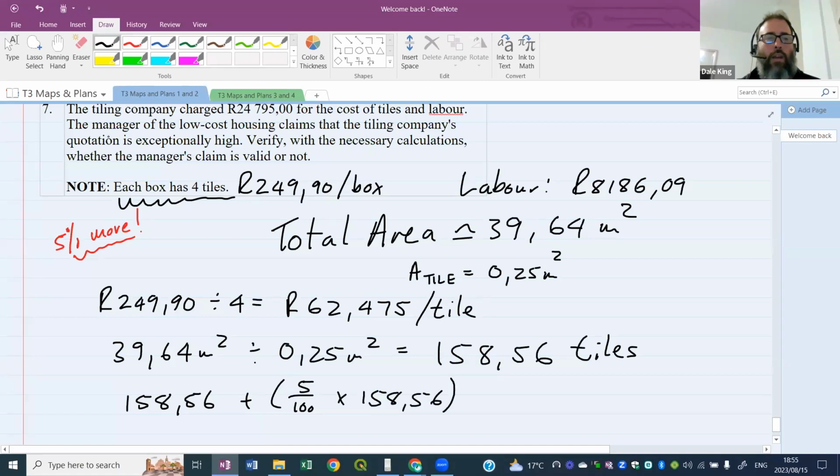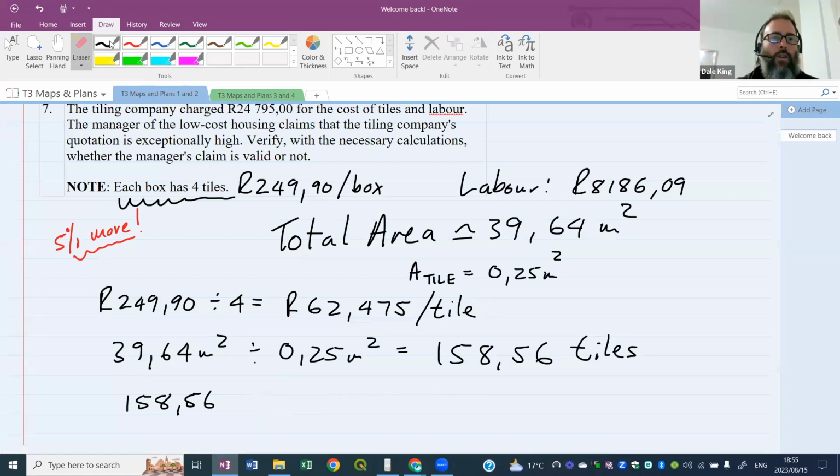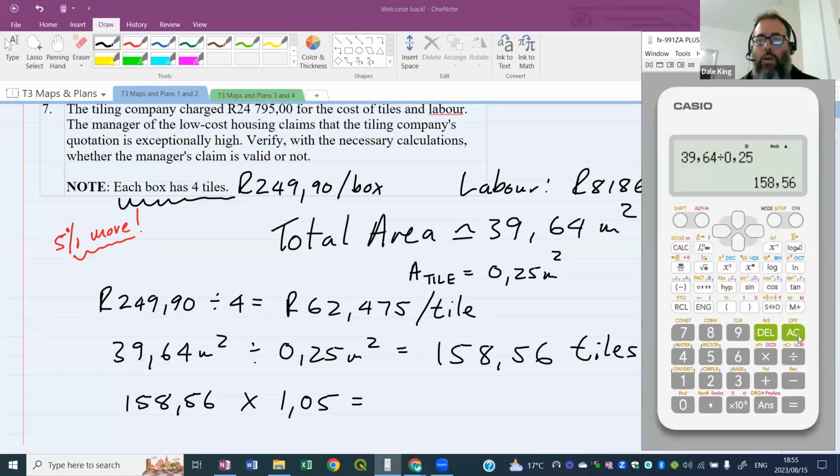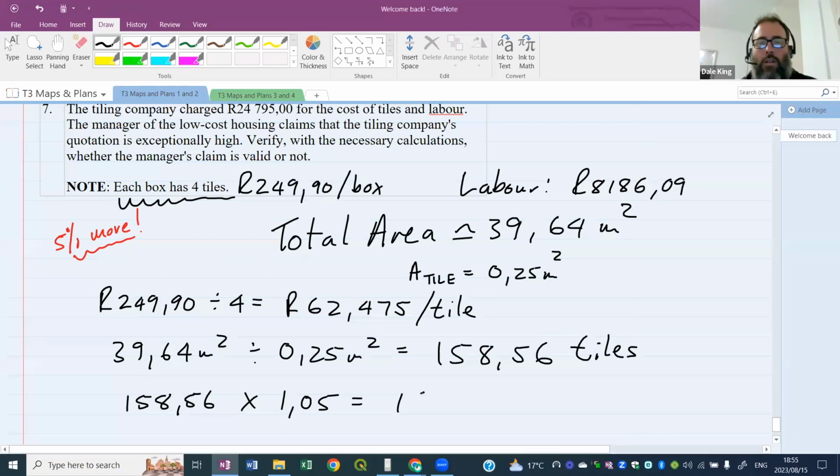You can do it that way, or you can do the short way, which is just 158.56 times 1.05. I taught you guys that at the beginning of the year. I hope you remember. That's a quick one-step way to do it. So I'm not even going to round off yet. Like Ben said, do not round off during the question. Just add on your 5%, which gives you 166.488.